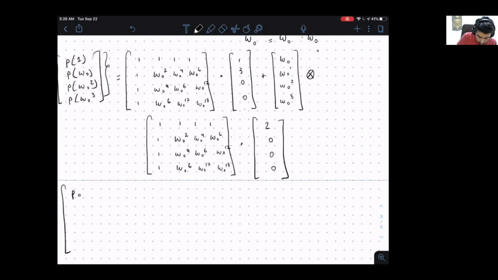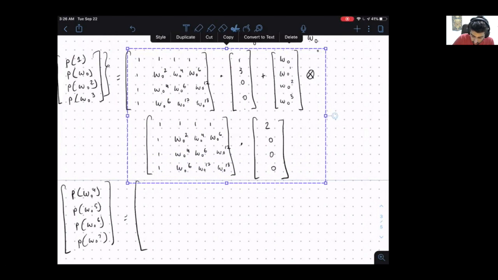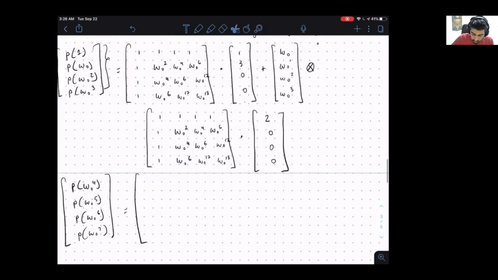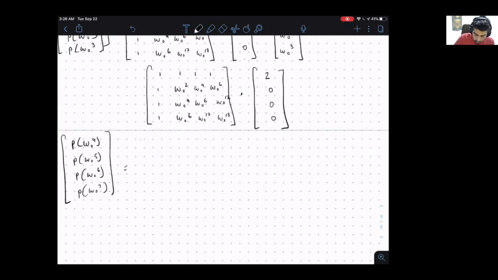This is equal to p of omega naught to the 4th, p of omega naught to the 5th, p of omega naught to the 6th, p of omega naught to the 7th. And this is the beauty of this recursive approach, that I don't even need to rewrite much here.